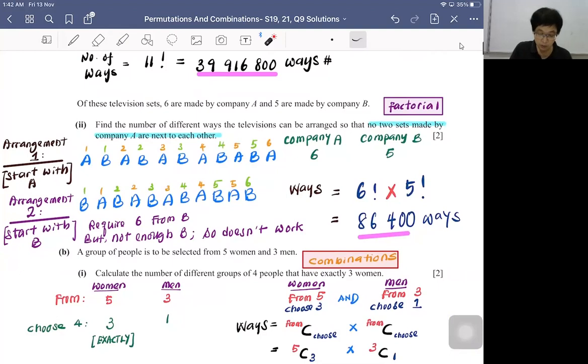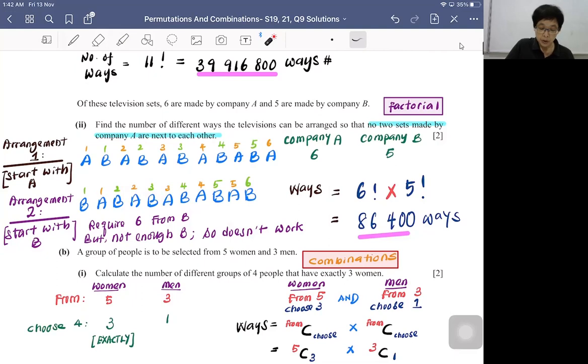Even though if we were to consider how many televisions of A, 1, 2, 3, 4, 5, yes, you have more than enough, but sadly, you do not have enough televisions of company B to make the second arrangement work. Therefore, you rule out this possibility because there are not enough company B televisions, so it doesn't work. Therefore, we're going to rule this out.